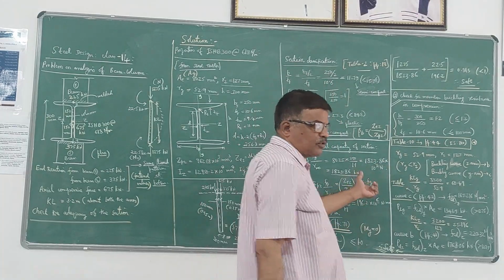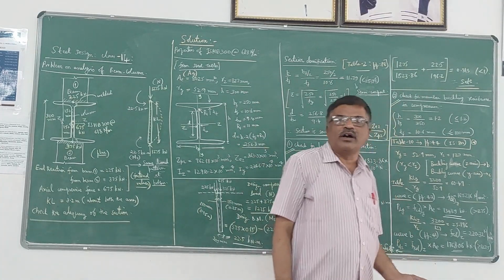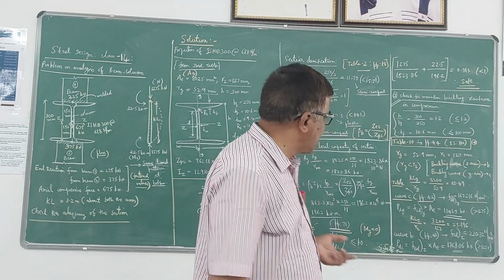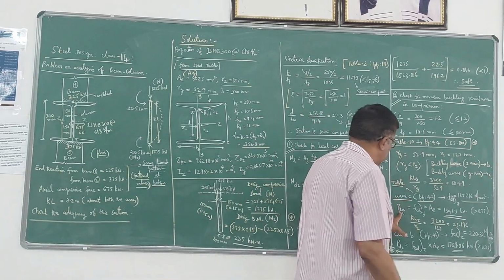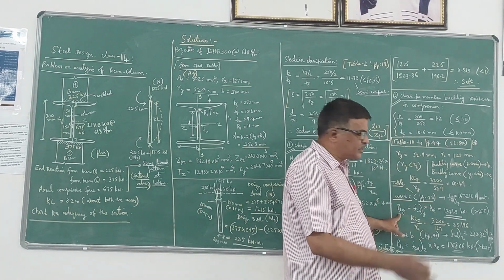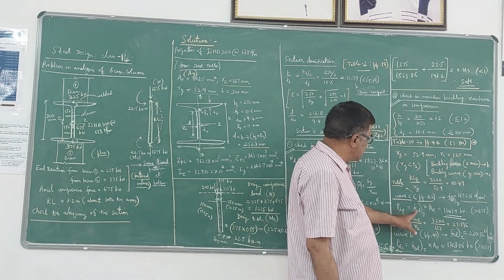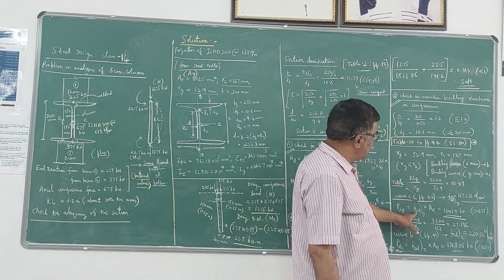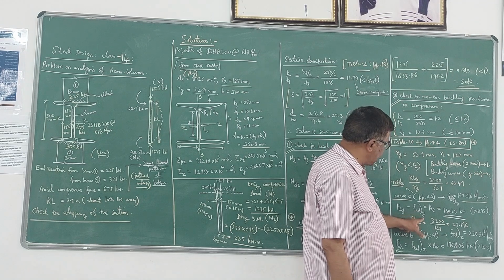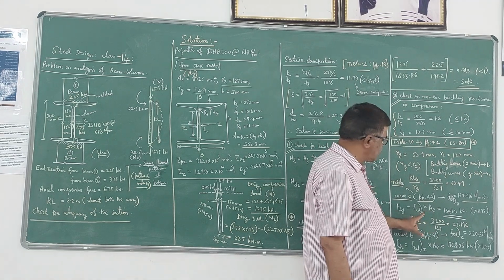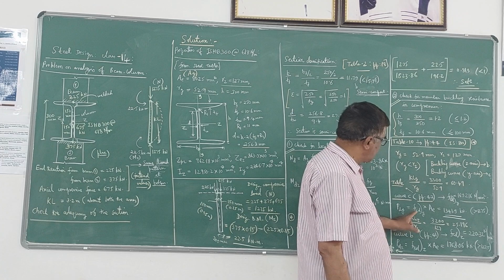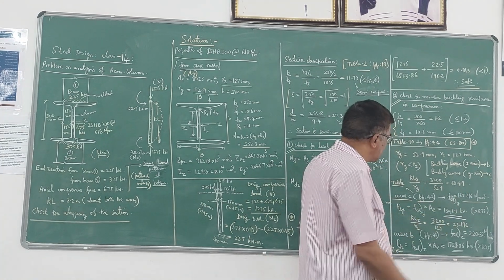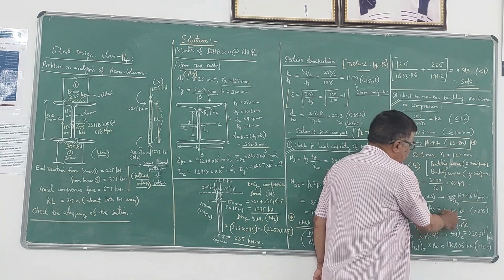This procedure is adopted in the design of columns at your undergraduate level. Then your design compressive load in the y direction is given by the design compressive stress in the y direction multiplied by the area. Stress into area gives the force. If you substitute and simplify, you get 1341.9 kilonewton.